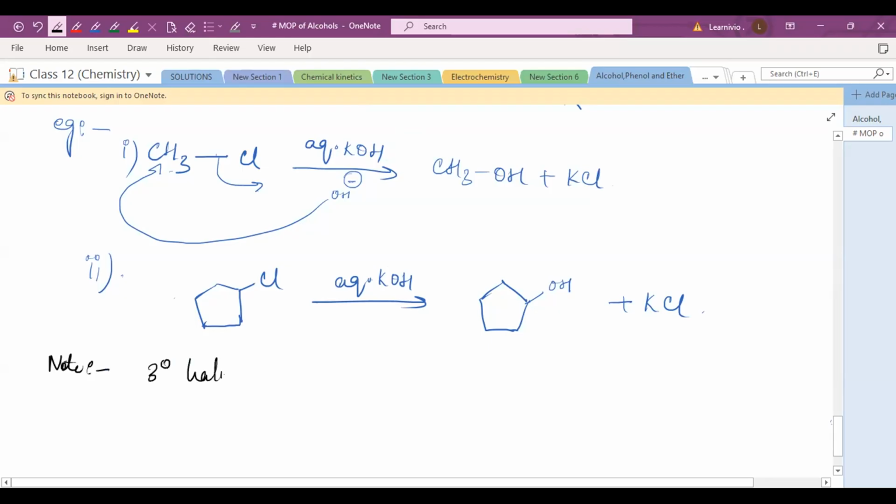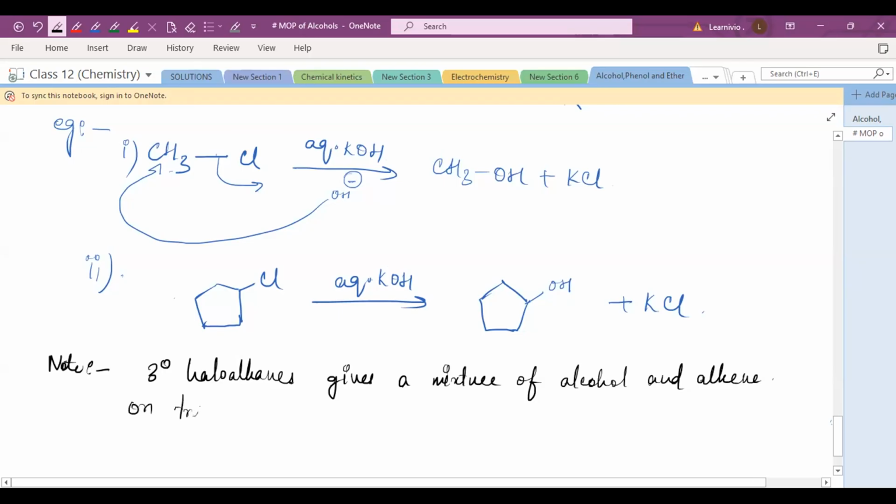Tertiary haloalkanes give a mixture of alcohol, you get alcohol in that case, and you will get the alkene also, on treatment with aqueous KOH or aqueous sodium hydroxide.